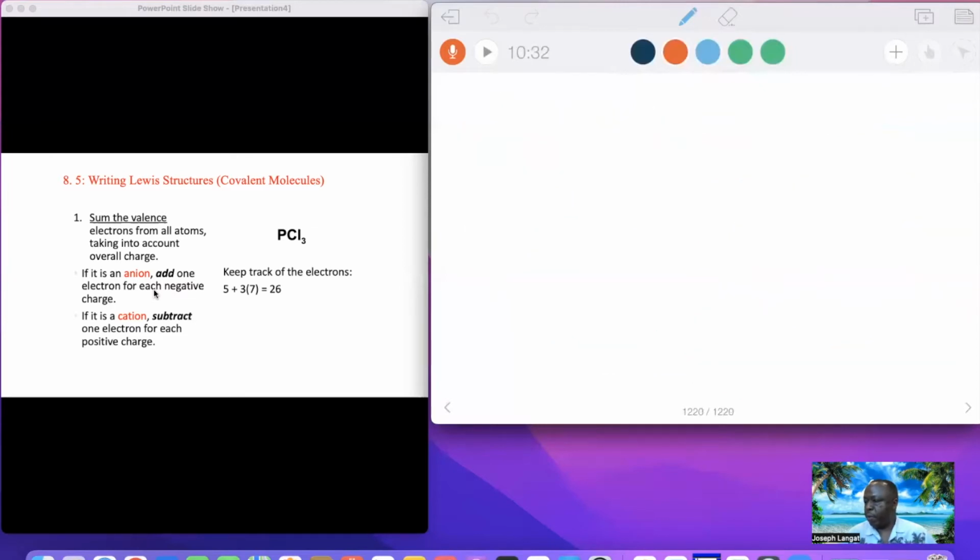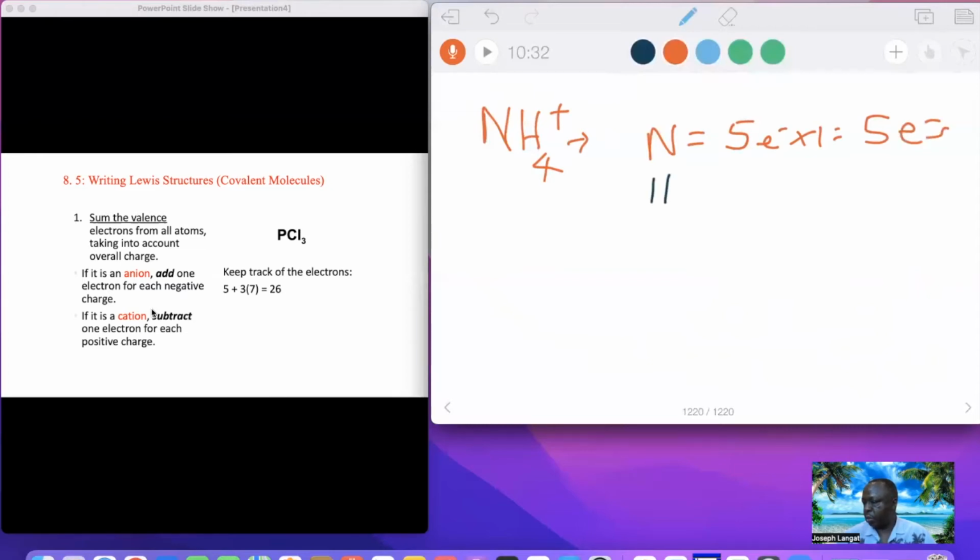If you are dealing with a cation such as NH4 positive, this is ammonium, in this case we will subtract. So this is how you proceed. Nitrogen is in group 5A, 5 electrons times 1 equals 5 electrons. Hydrogen is 1 electron times 4, which gives us 4 electrons.